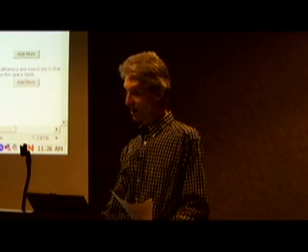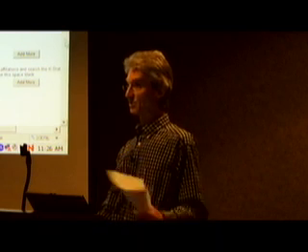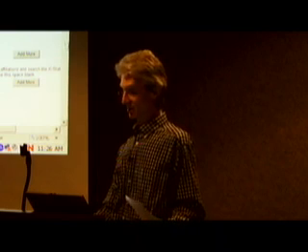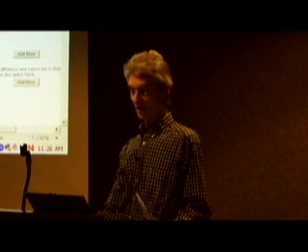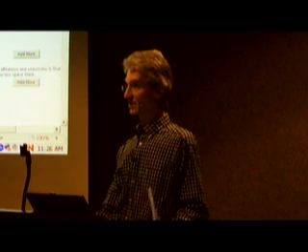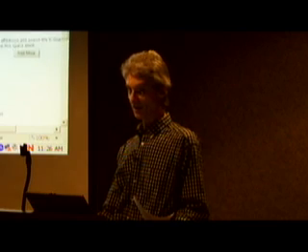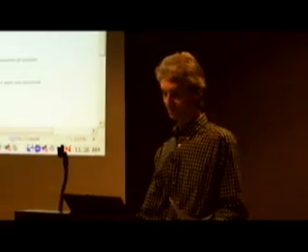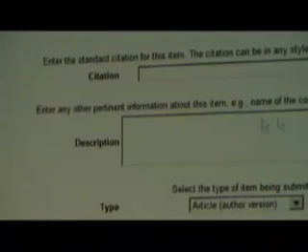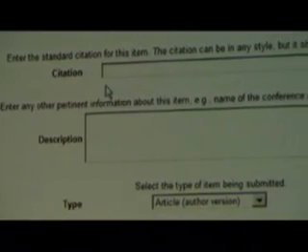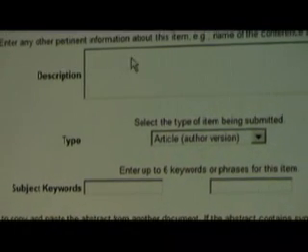At that point, we would authorize you and anyone else in your department who's interested in doing this, and you'd be able to log into KREX with your EID and password, and you'd come to a screen like this where you can start to submit your item. And so it's just fill in the blanks: authors, EID, title. If you can give us even just a rough citation to the item, if it was published in a book or conference proceedings or article, anything else we need to know about it.